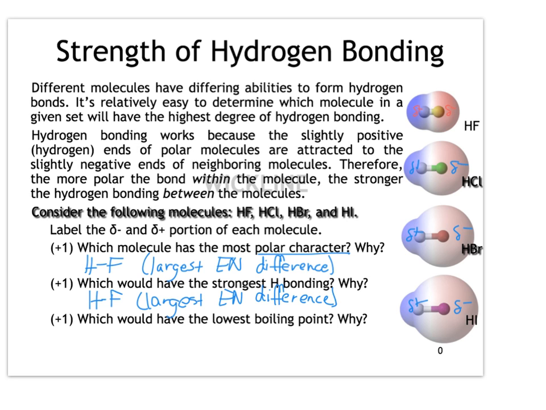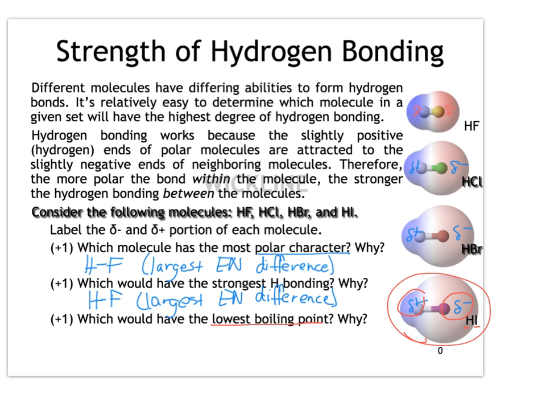But the lowest boiling point would go to this molecule of the four that we have, hydroiodic acid. And the reason is because it has the smallest electronegativity difference between the hydrogen and the iodine portions of the molecule, and therefore you're going to have the weakest positive pole and the weakest negative pole of all of the four molecules.